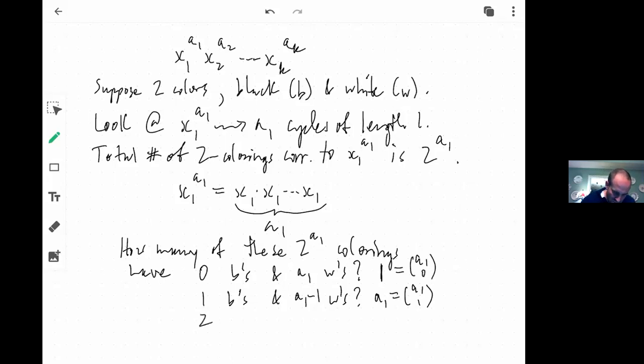Okay, so what about 2 Bs and a1 minus 2 whites? Well, there I would just have to choose 2 of the cycles in which to put black and a1 minus 2 in which to put white. And basically, all the whites are determined by which 2 I choose for the blacks. Okay, and so that's going to be a1 choose 2.